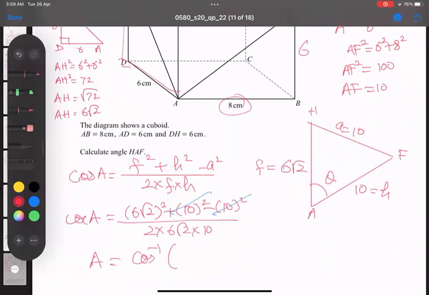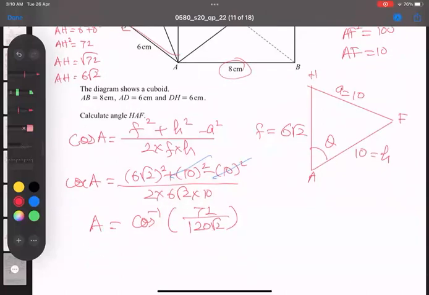If I take the square of this one, it gives us 72. And 2 tens are 20, 20 times 6 is 120. So 120 root 2. It's just a matter of typing in the calculator now, and let's have a look at what answer comes.